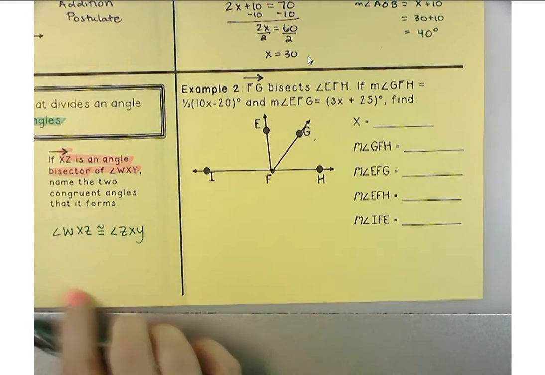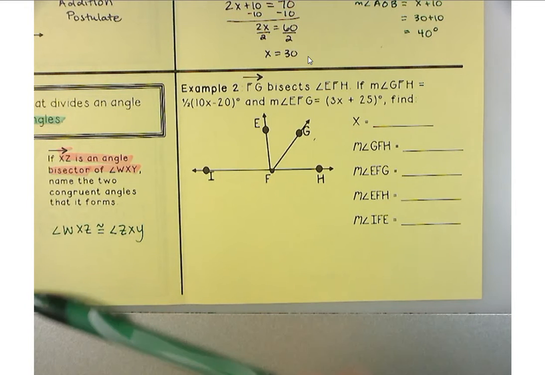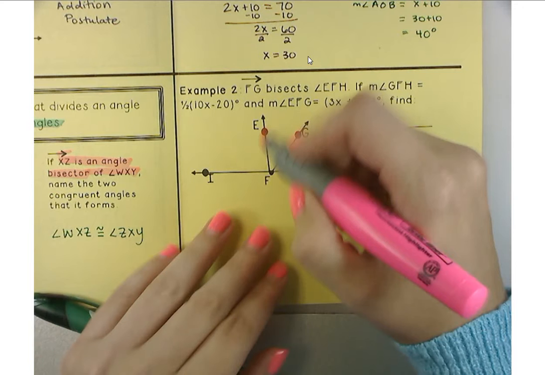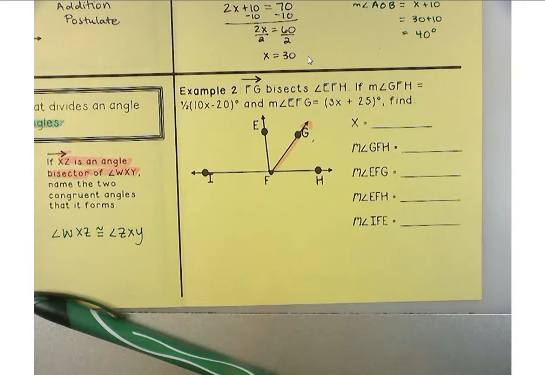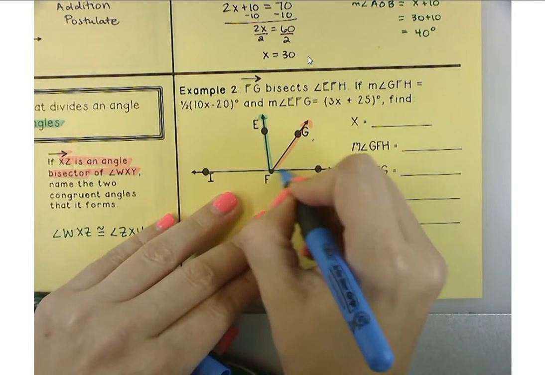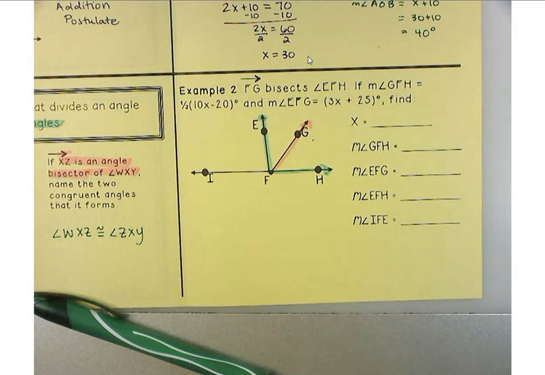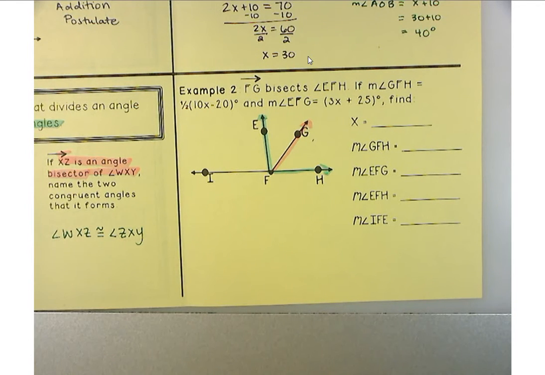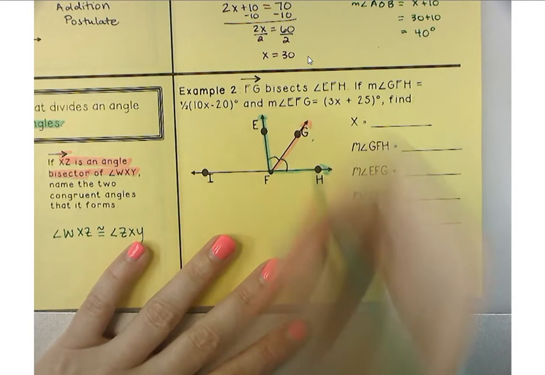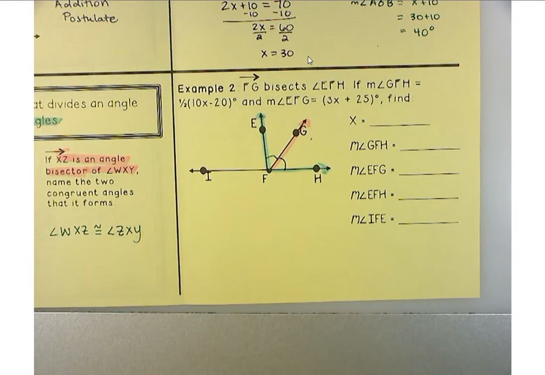So sometimes I'll highlight just to emphasize, oh, if FG bisects EFH, here's my bisector, here's my angle. Once I know that there's a bisector, that means you have to have two congruent angles. So I'm going to go ahead and mark those in my diagram, my two congruent angles. Okay, and you should do the same.